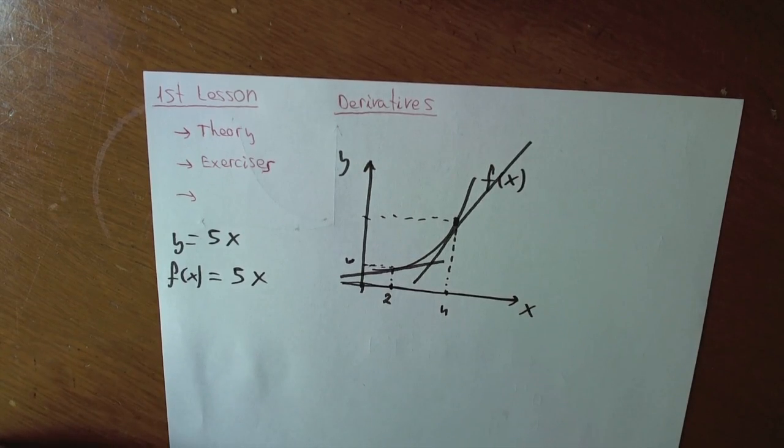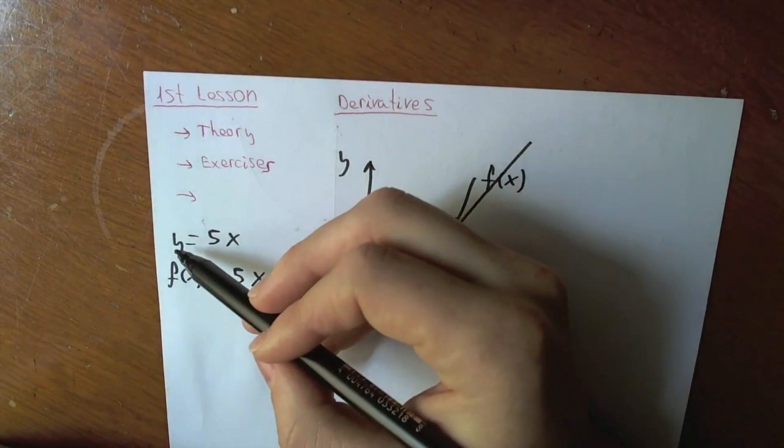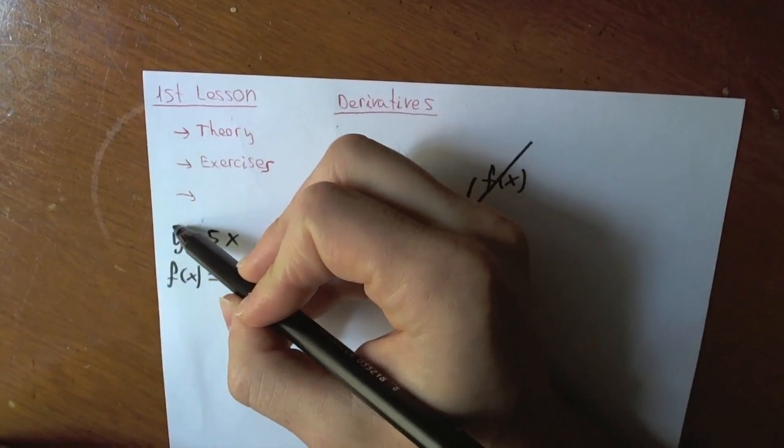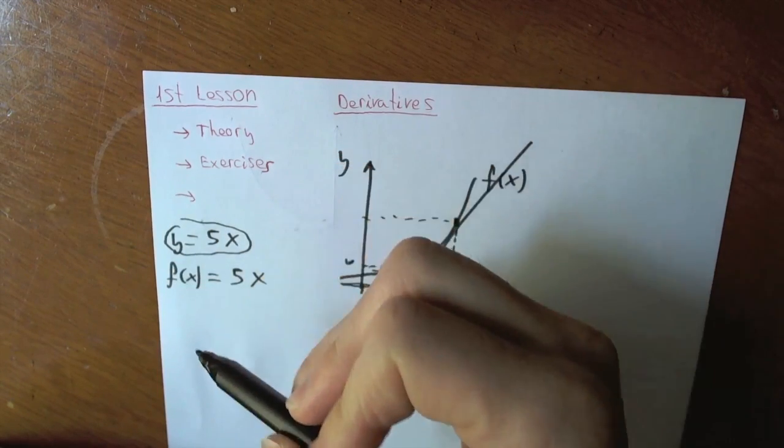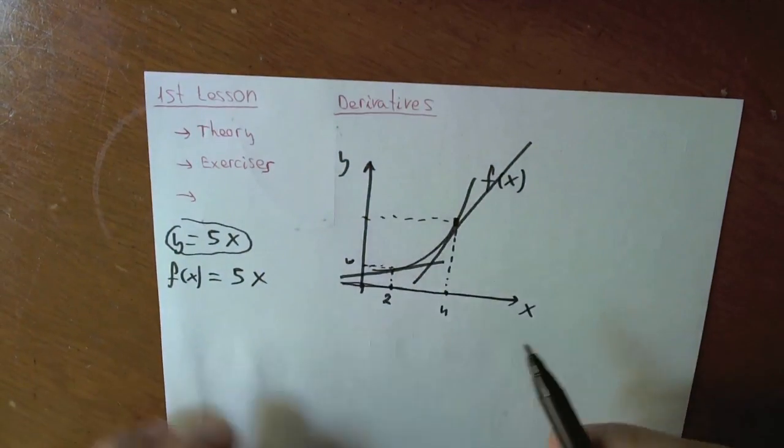So how do we express a derivative? I will always write y instead of f(x), but if you want to write f(x) or if you see f(x), it's alright, it's the same.